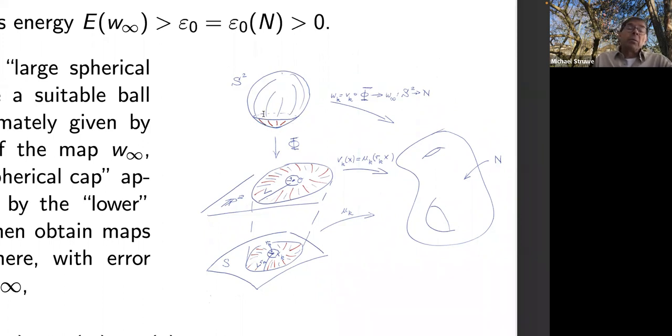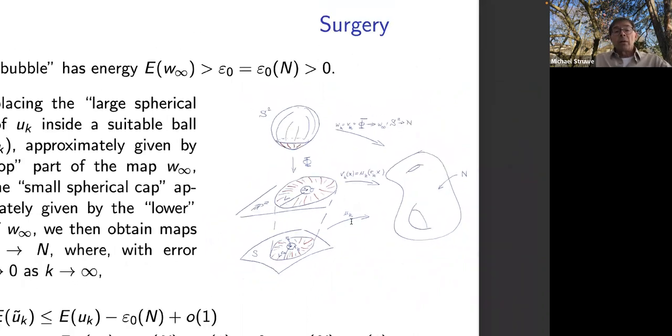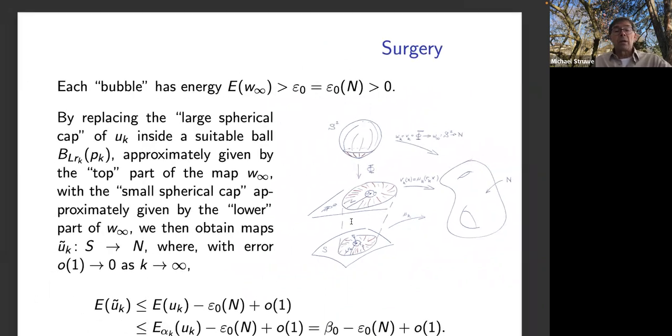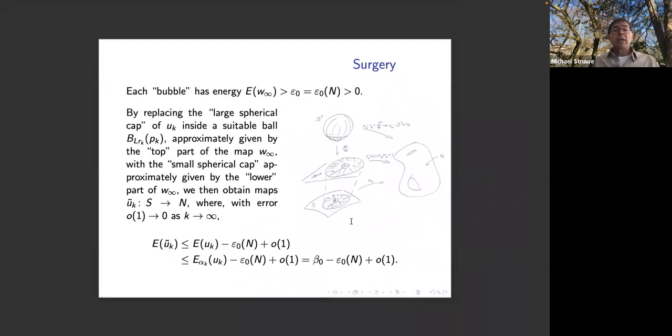So we replace the large part of the sphere by the small part of the sphere. And in this way, we replace the map Vk by something with much lower energy, and we scale back and obtain the map Uk tilde. Okay, so I hope this illustrates how we define Uk tilde.